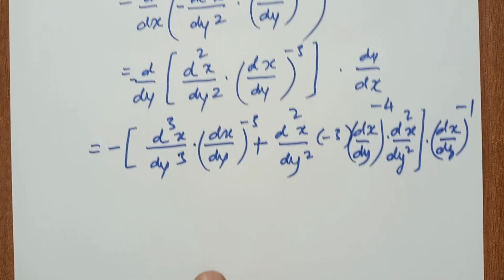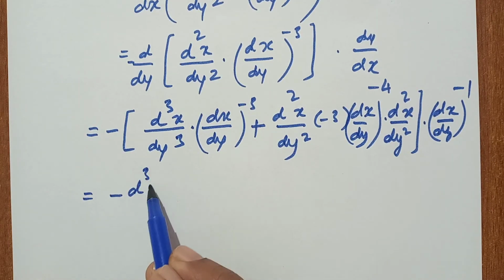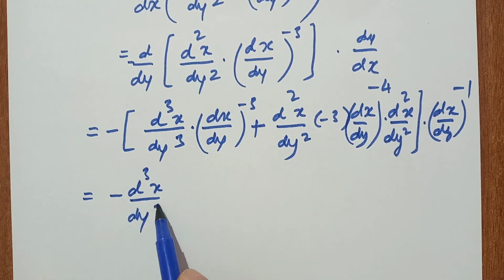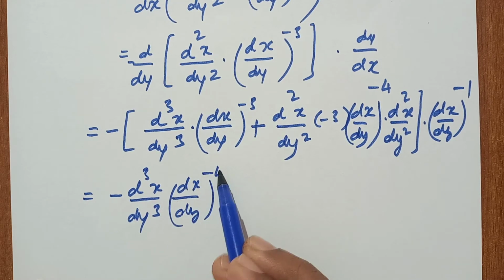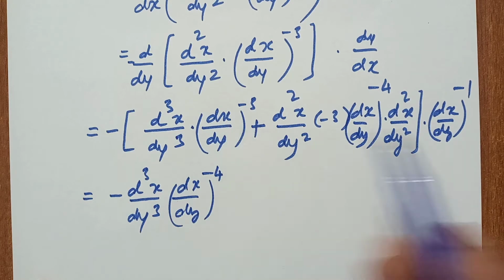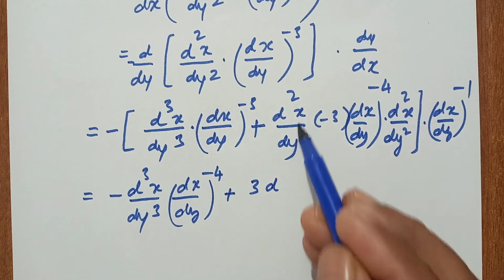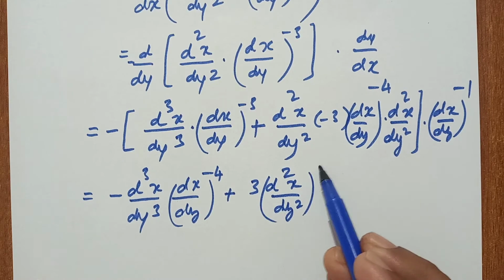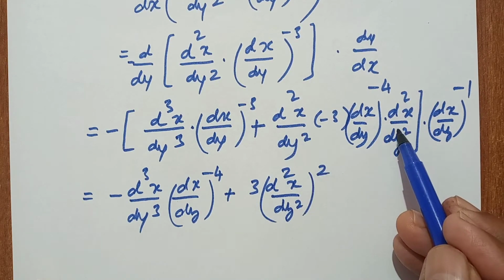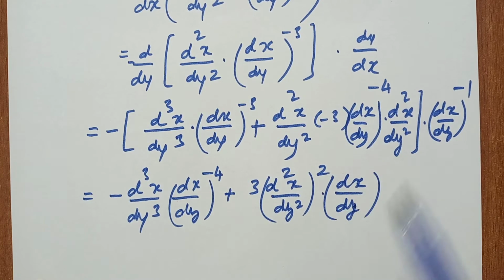Multiplying in the bracket, we get minus d3x by dy3 (dx by dy) to the power minus 4, and minus 1 times minus 3 gives plus 3 (d2x by dy2) squared (dx by dy) to the power minus 5.